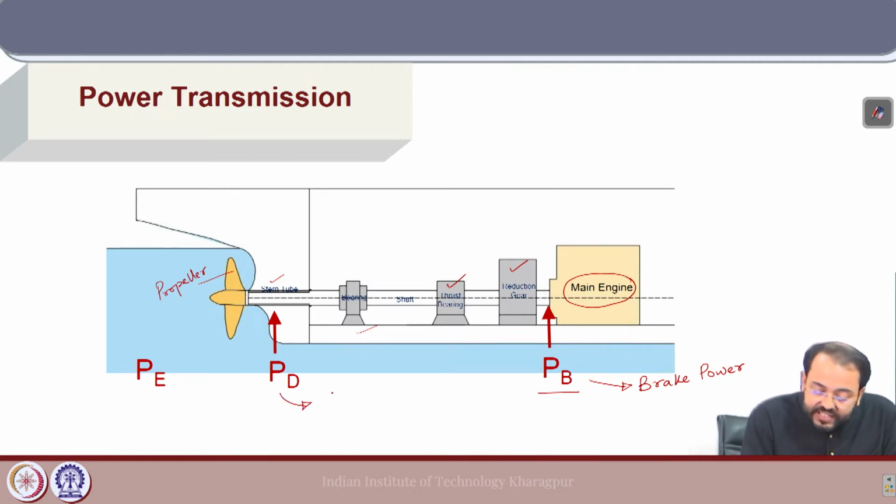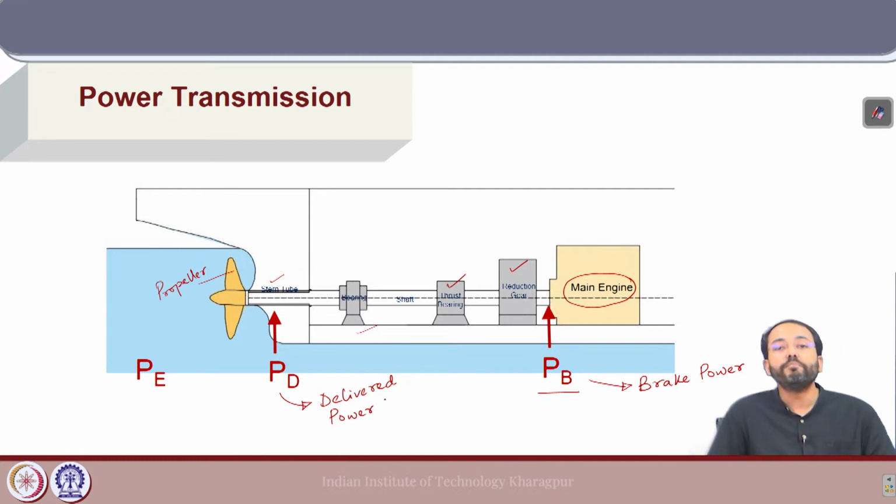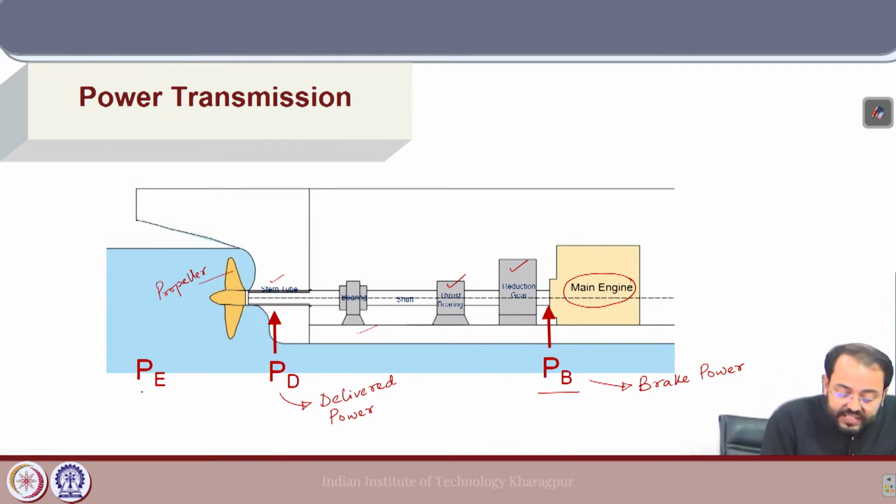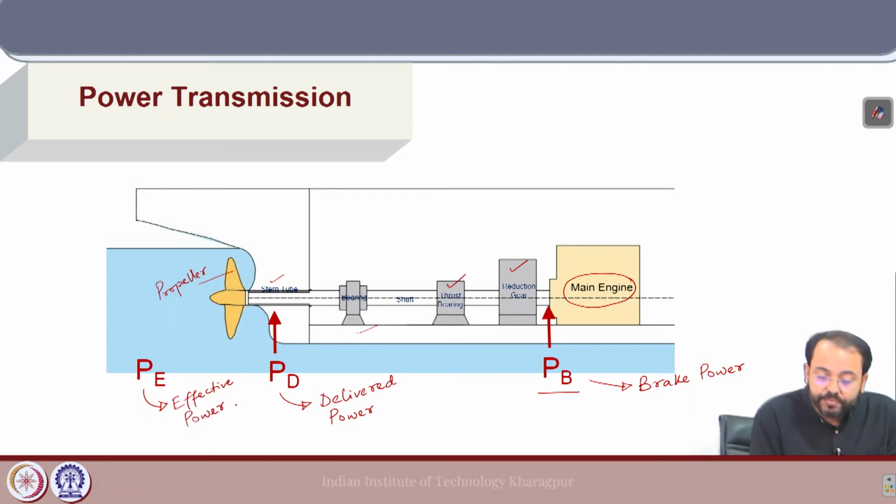PD is the delivered power that we have calculated before, which is given by 2 pi n into the torque Q absorbed by the propeller, and PE is the effective power of the ship.